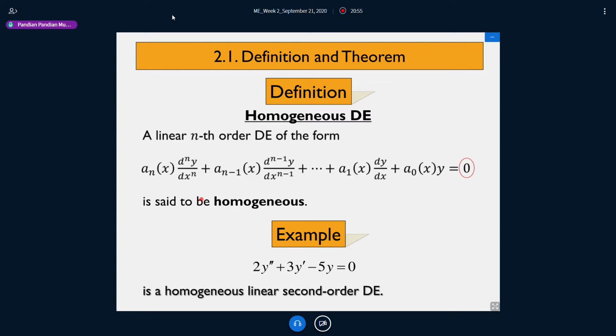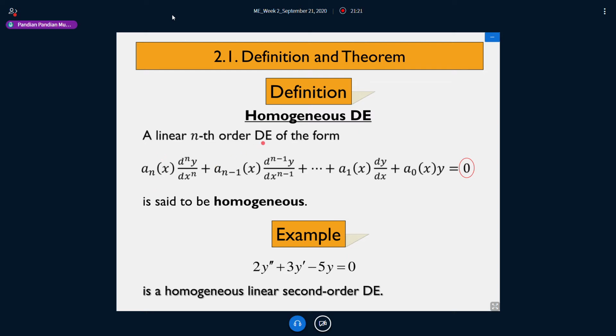This is nth order. But our focus is maximum third order, minimum second order. First order we already finished in chapter 1, so that is already over. Now our focus is on second order, then at most we can go up to third order. Of course, fourth order you can study on your own.